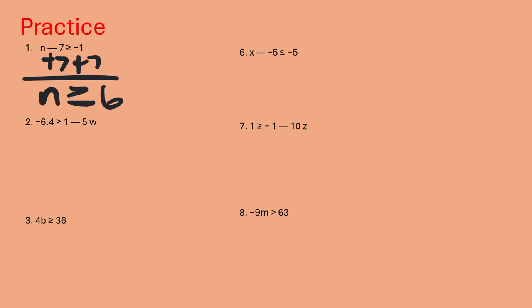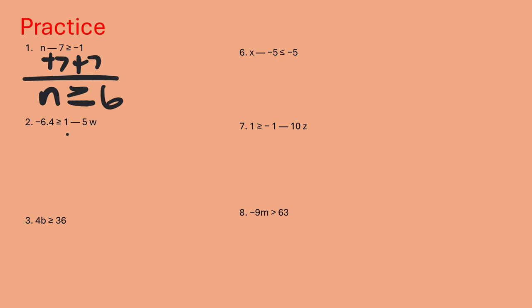Number 2. What do we have there? We have negative 6.4 is greater than or equal to 1 minus 5w. Who am I solving for here? My w. So I need to start getting rid of what is around it. Can I get rid of my 5 yet? On this part of the equation, which should I get rid of first? The 1.